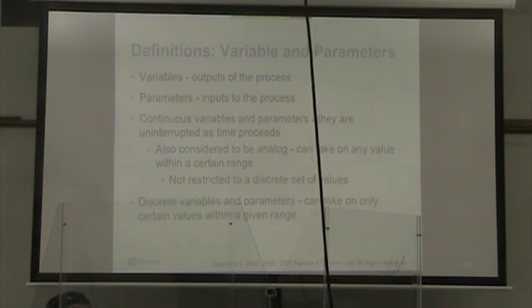So we don't have that discrete set of values that we have in discrete variables and parameters that can only take on certain values, and usually those values are whole numbers, right? One blender, one car, one can opener.